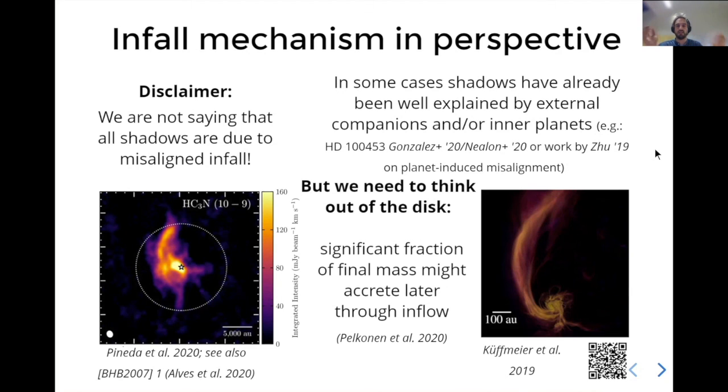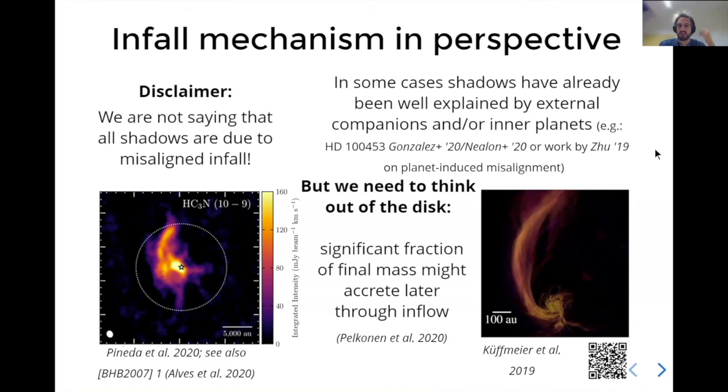And more generally, which brings me back to the beginning of my talk, is really the importance of thinking outside of the disk. We know there's more and more evidence observationally that we have these streamers that are feeding young disks, or not necessarily disks, of young protostars, as you heard, for example, in the paper by Jaime Pineda, but there are also other papers that show this.